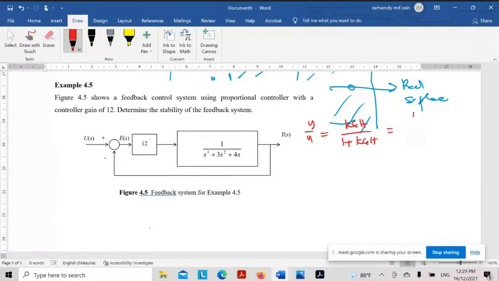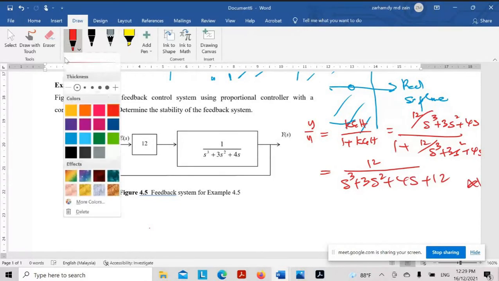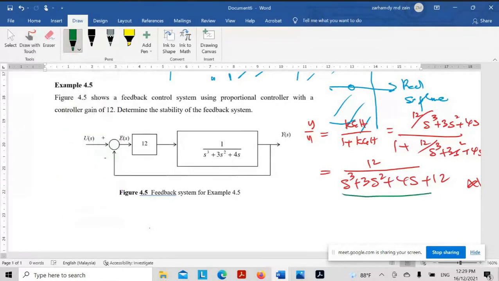From here we have 12, so S squared plus 4S, plus 12, so S power of 3 plus 3S squared plus 4S. Finally we have S power of 3, 3S squared, 4S plus 12. This is the transfer function, and we only concentrate on this characteristic equation.